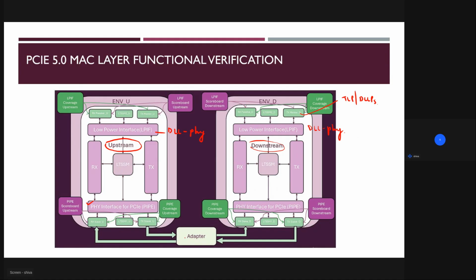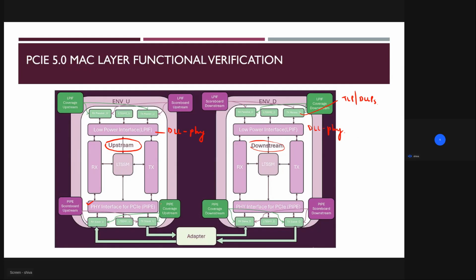By using the adapter component, we will modify ordered sets and inject some kind of error in the training sequences. By injecting errors, we can get LTSSM coverage for corner cases. So by using the adapter component and error injection sequences, we will achieve LTSSM corner case coverage.